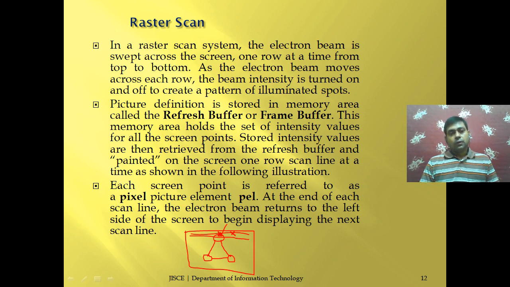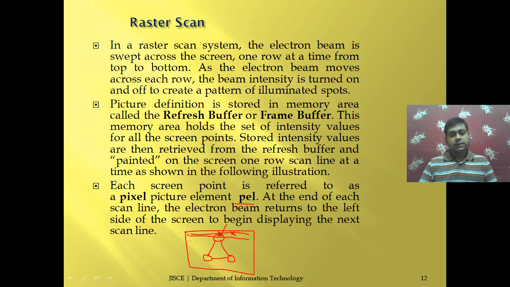Now the picture definition is stored in a memory area called the refresh buffer or frame buffer. Each screen point is referred to as a pixel, in short called a pel. On this rectangular screen, every point on the scanning line is called a pixel.